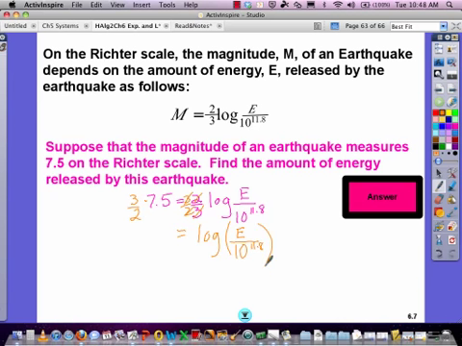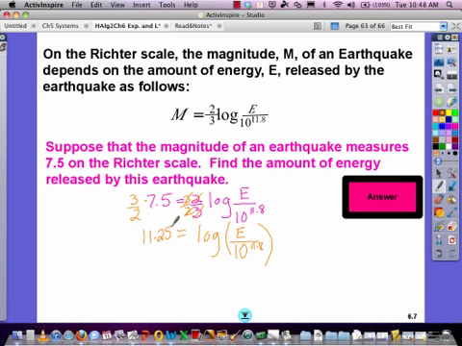On the other side, you could change that to a decimal and deal with our 1.5 times the 7.5, and we now have 11.25 if you want to work with decimals. Otherwise, change everything to fractions. Okay, so right now that's log form. If we rewrite log form, we could get exponential.